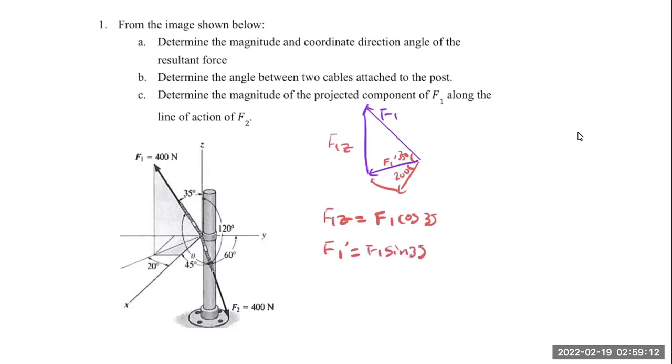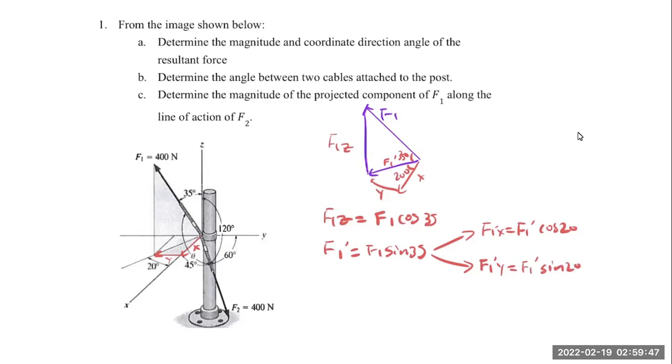Then F1 prime can be separated into X and Y, so this will be F1X and this will be F1Y. F1X is equal to F1 prime cosine of 20, and F1Y is equal to F1 prime sine of 20.